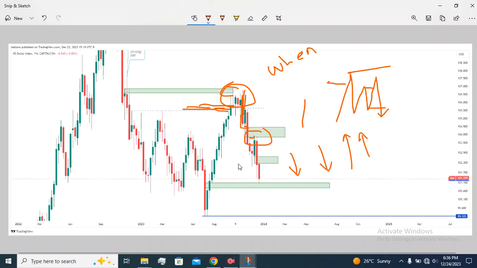So my long-term anticipation for this dollar index is we take this lower low, depending on this pattern. Right now we are in the discount zone, and anything can happen. We might even reverse, but next week I might expect this market to come and touch this FVG on the weekly.